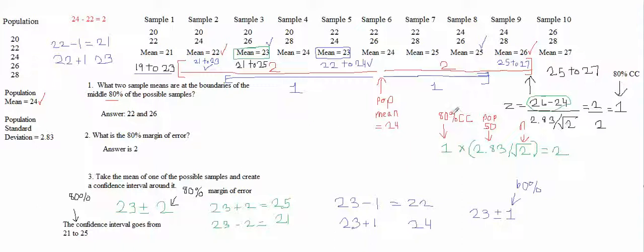If you multiply the 80% confidence coefficient by this fraction right here, you get the 80% margin of error.